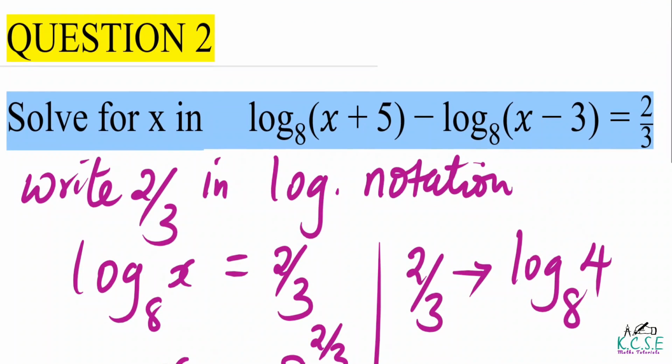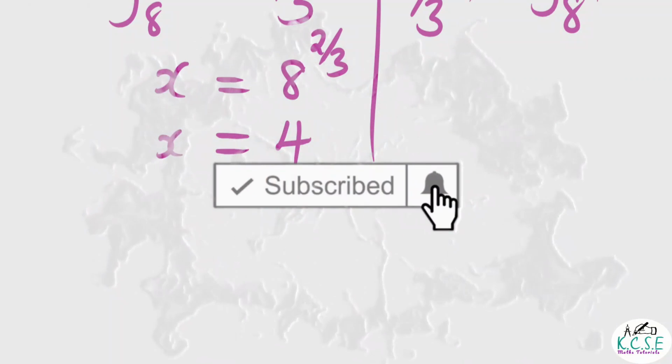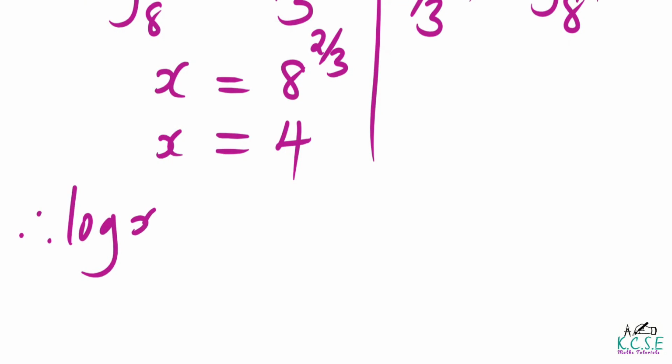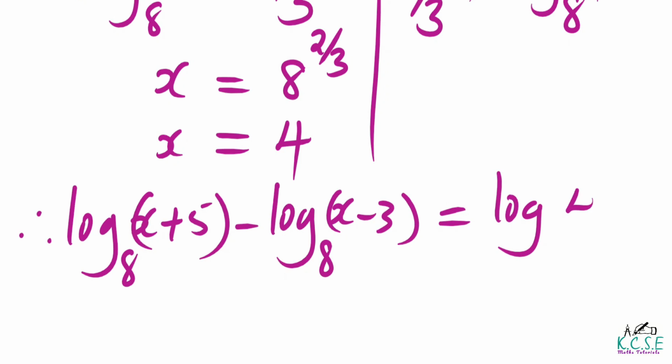So once we've done that, now we can write everything. Therefore, we have logarithm of x plus 5 to the base of 8, subtract logarithm of x minus 3 to the base of 8, is equal to 2/3, which we have written as logarithm of 4 to the base of 8.